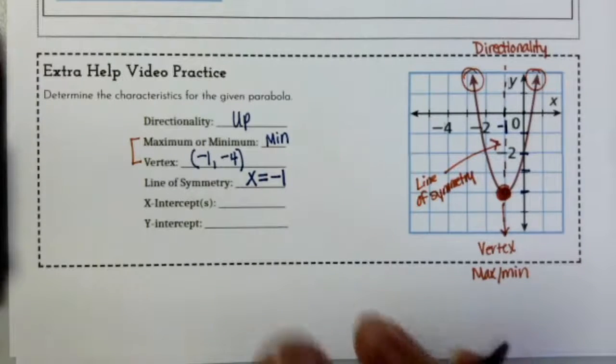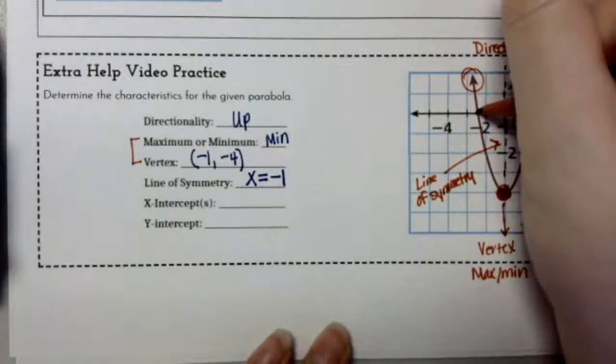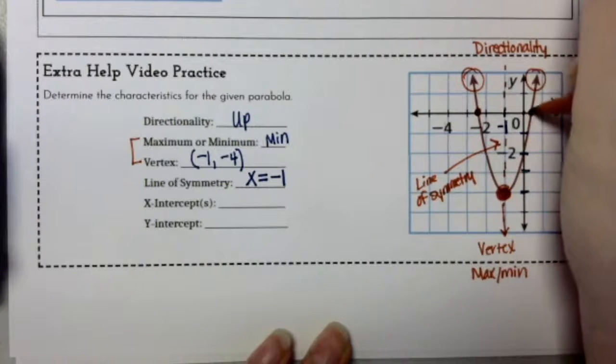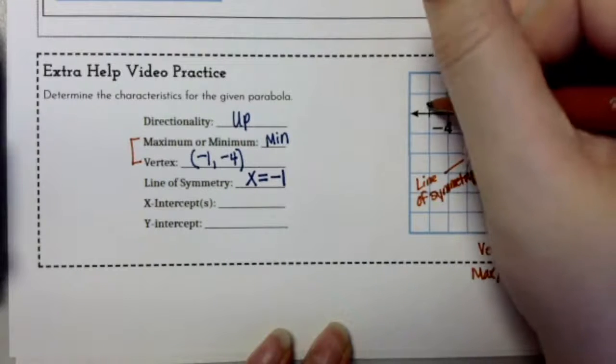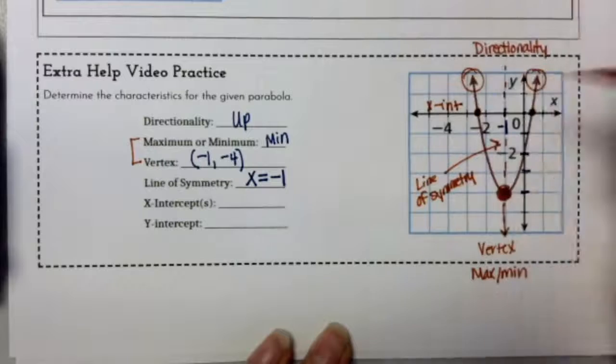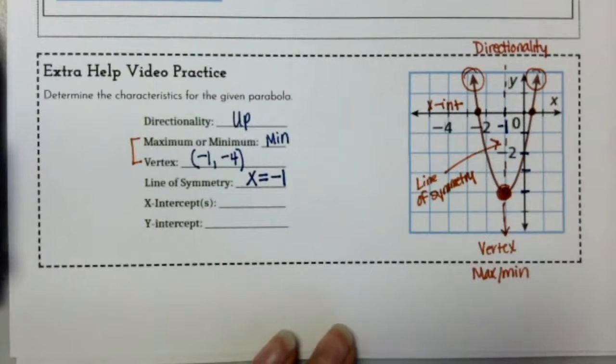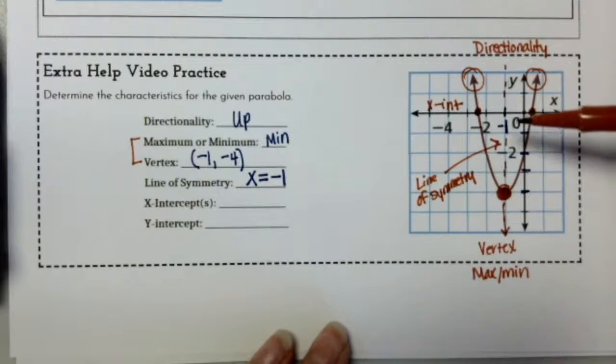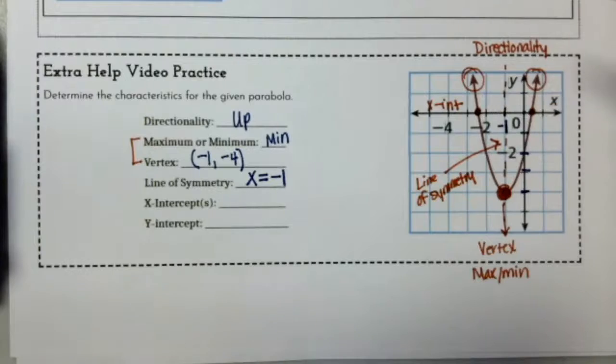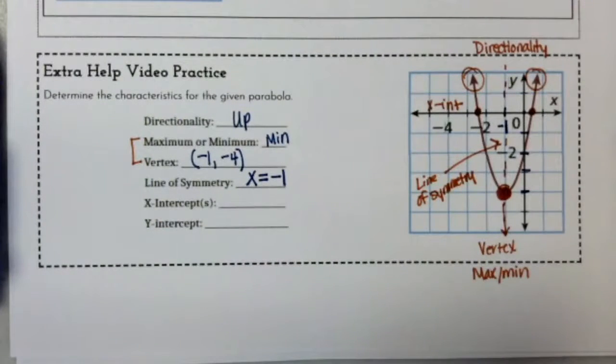Now my intercepts. My x-intercepts are where I cross the x-axis. So here and here are my x-intercepts. And I want to label those with coordinate points. Remember, for x-intercepts, the number comes first because our points are written x, y.